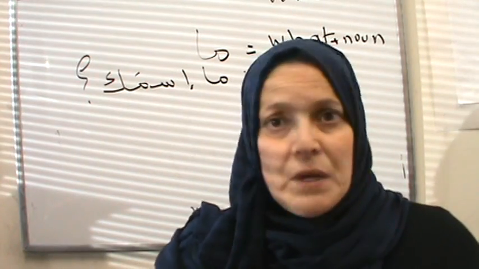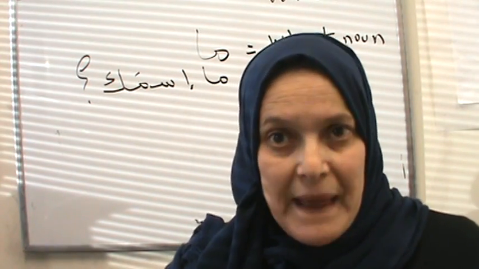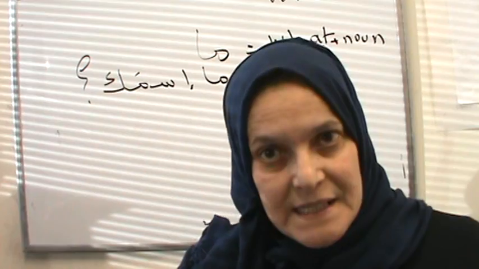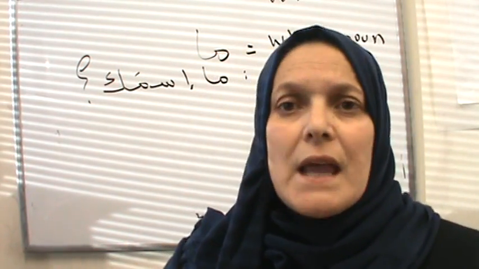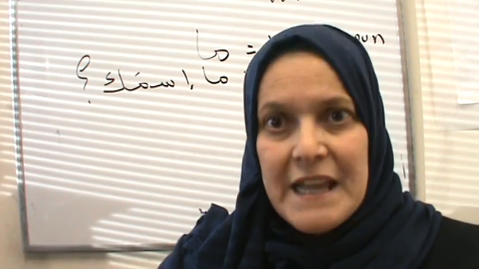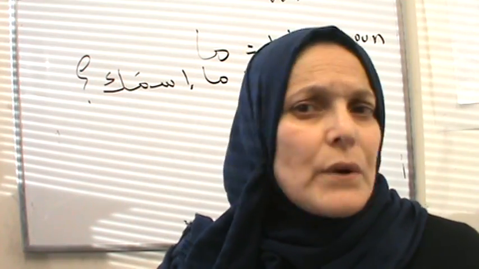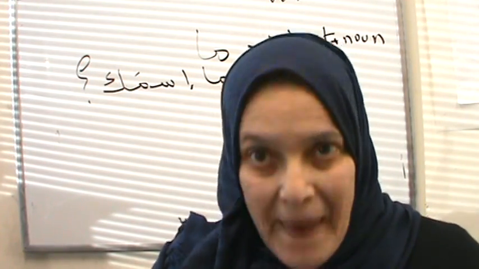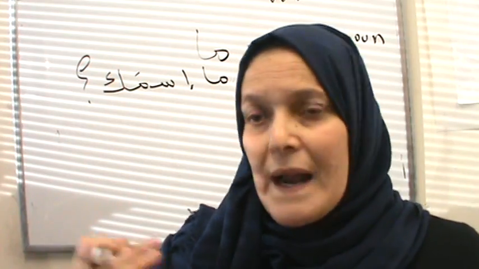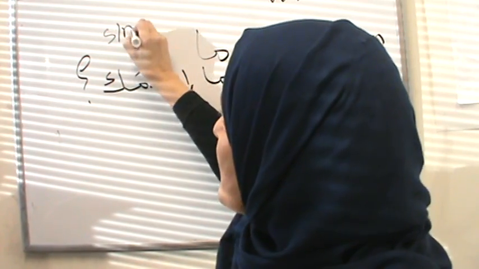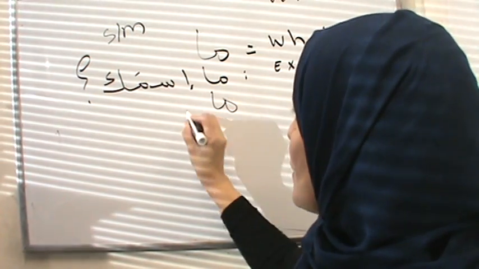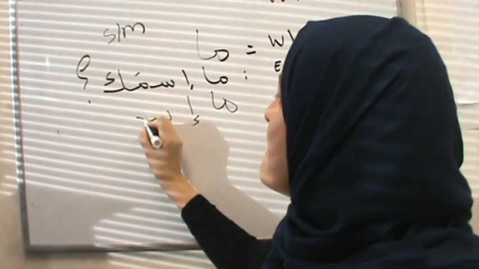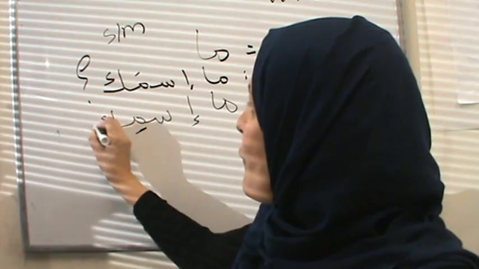And you can ask someone, say, ما اسمك for the male, and ما اسمك for the female. In classical Arabic we would say ما اسمك and ما اسمك, but in standard, modern Arabic we always go with ma ismuka for a male, when you are asking a singular male, a man, and you need to say ma ismuki for a female.